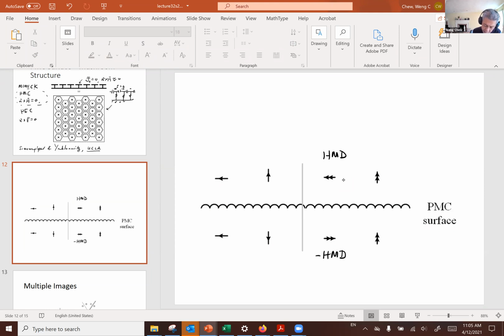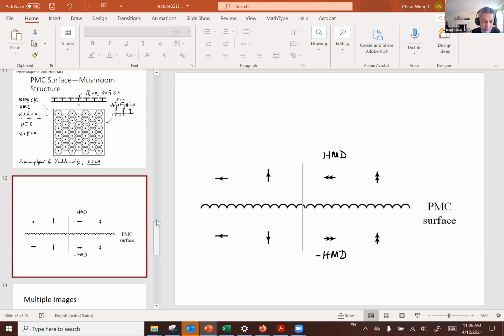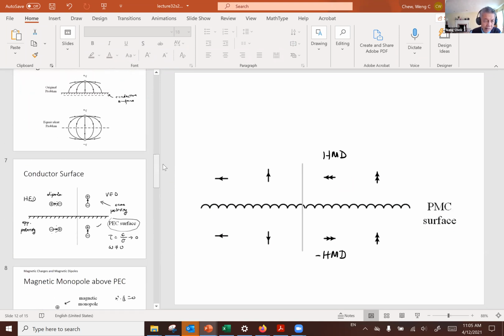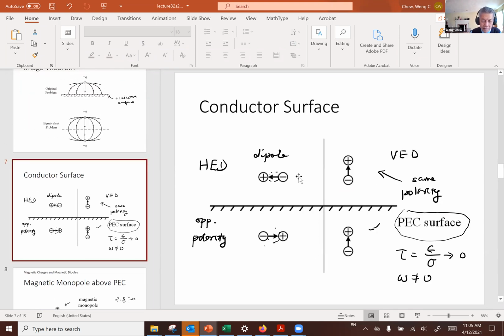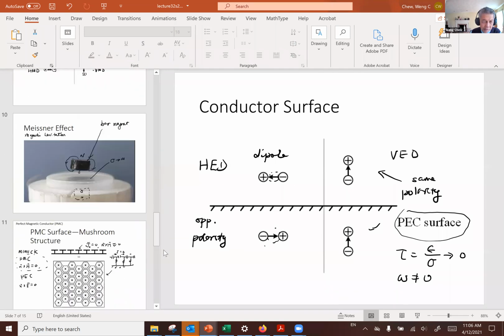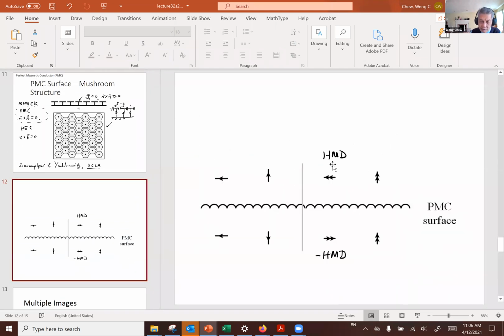Very much like the dual of this problem, that if you have a horizontal electric dipole, it reflects to the negative of itself. This is a PEC surface. By the duality principle, a PEC surface becomes a PMC surface. So when you have this, you can see that this reflects to the negative of itself.